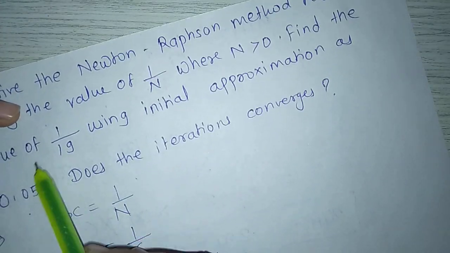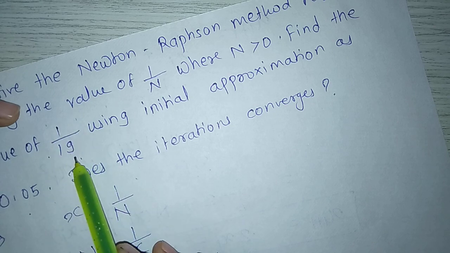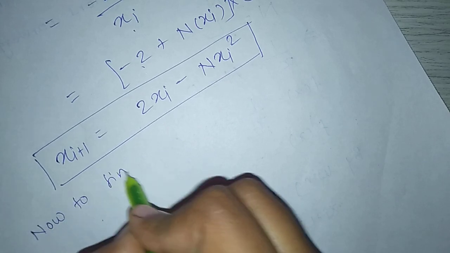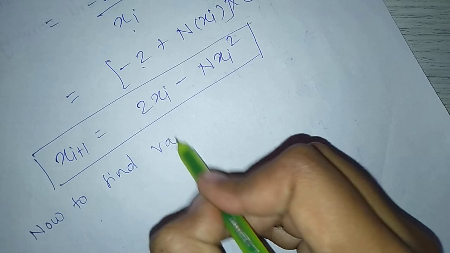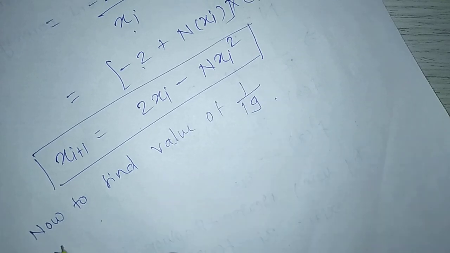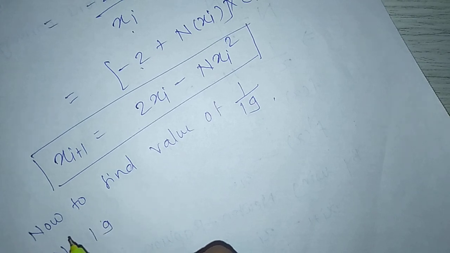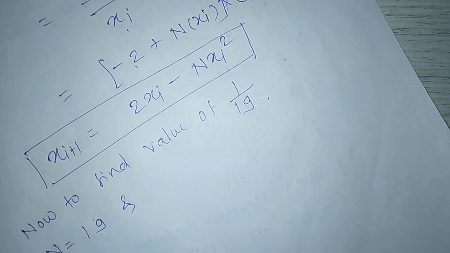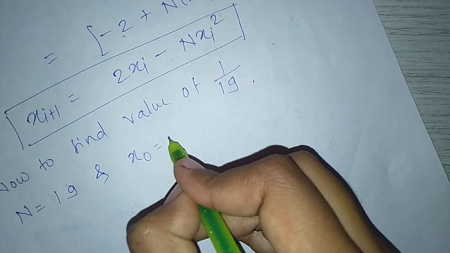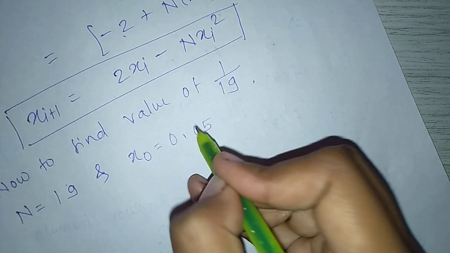Now find the value of 1 upon 19. Here n equal to 19, and the approximate root x0 is given in this example as 0.05.